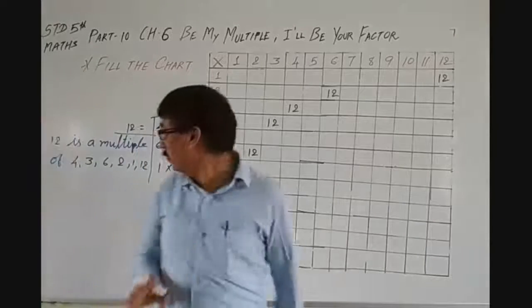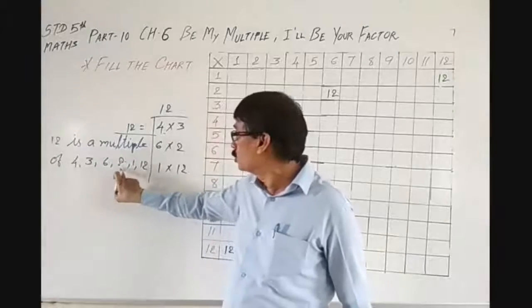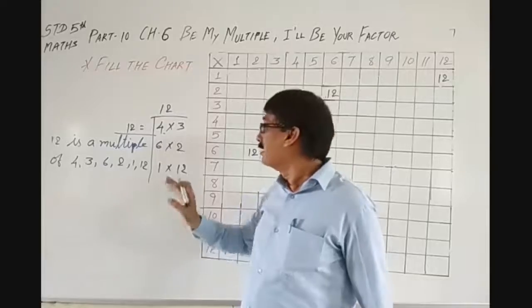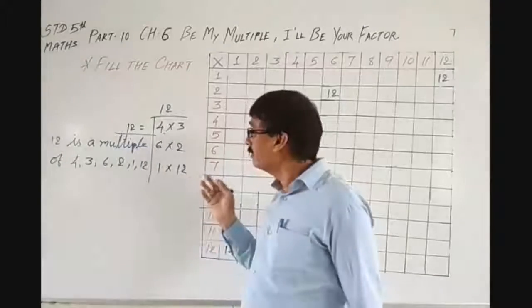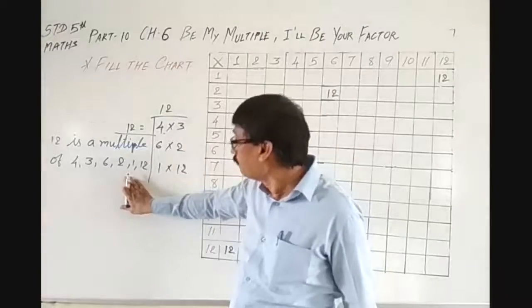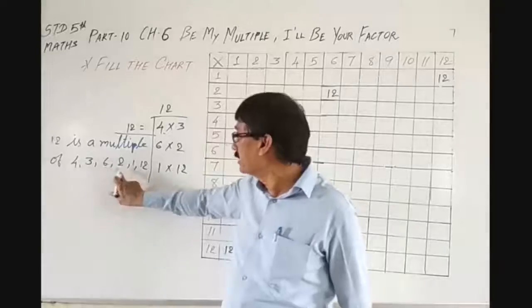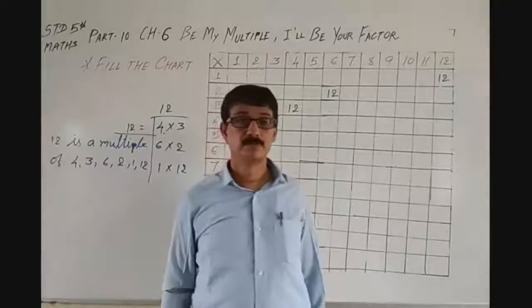So 12 is a multiple of 4, 3, 1, 6, 2, 1, 12, isn't it? Now, vice versa, if you say it from here, then we can say, see, these numbers 4, 3, 6, 2, 1 and 12 are factors of 12.